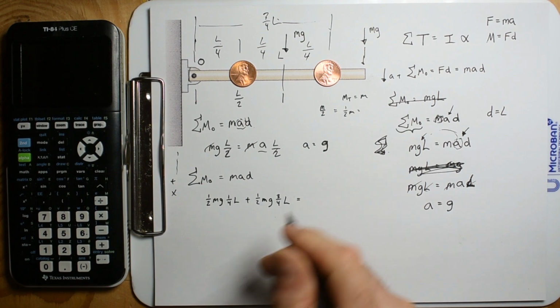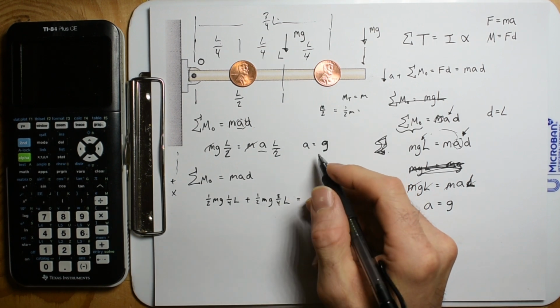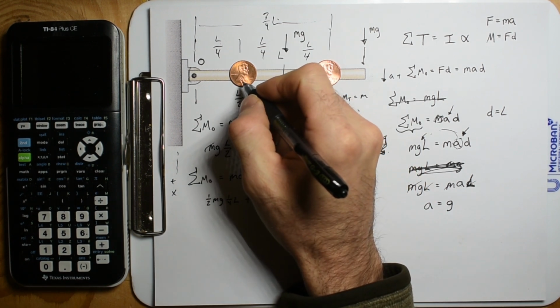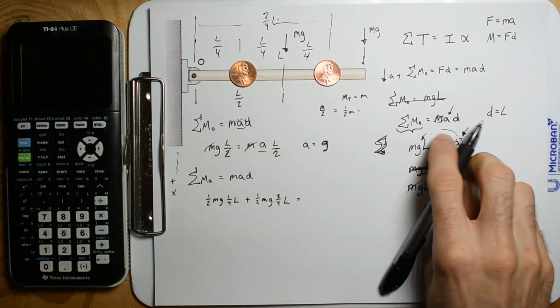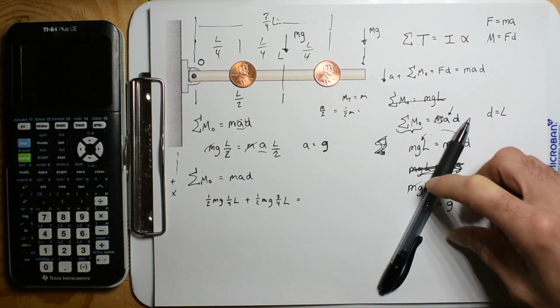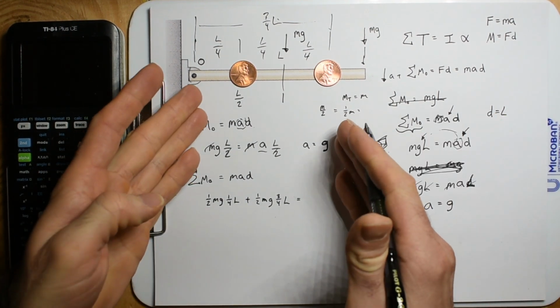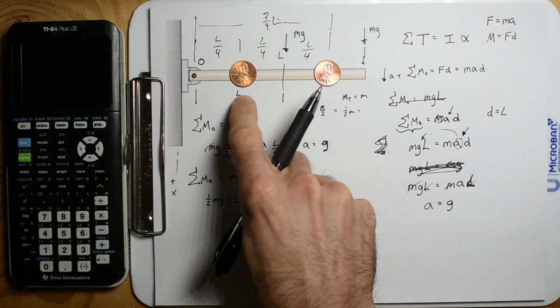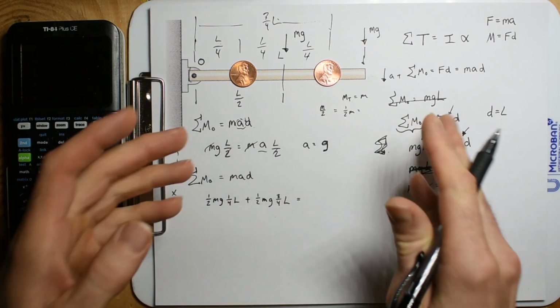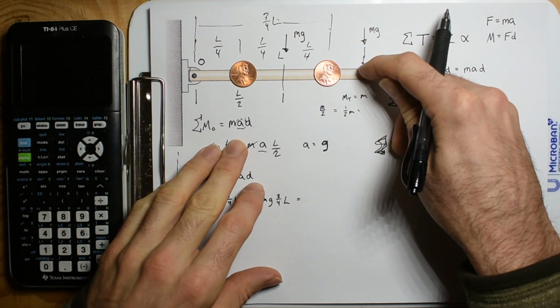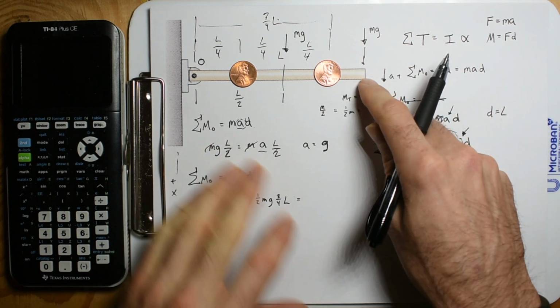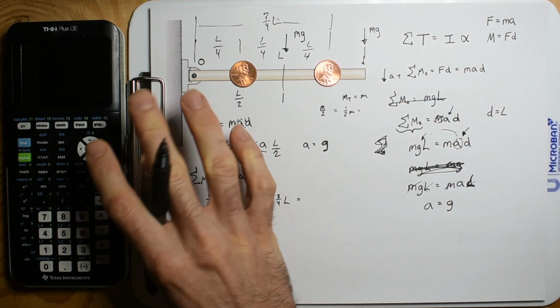And that's going to equal, but now, this is probably the hardest part: we know the accelerations of these 2 pennies are going to be different. From observation, the acceleration of this end is going to be very high, and the acceleration of this end is going to be 0.